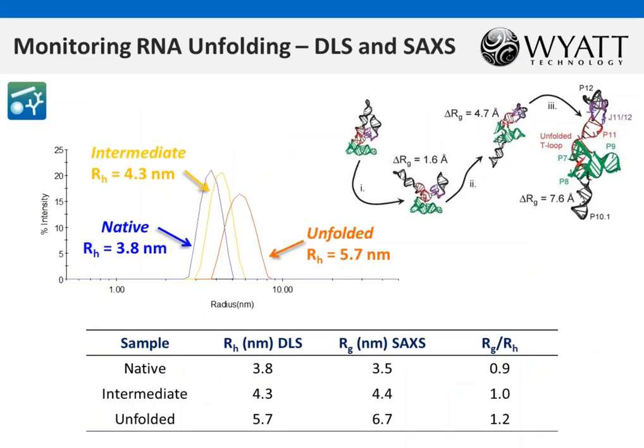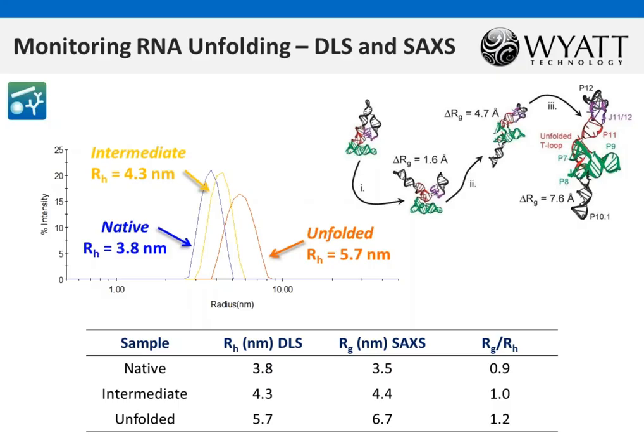Lastly, dynamic light scattering is capable of monitoring subtle size changes, as shown here for RNA molecules in various folding states. We can see a steady increase in radius as the RNA sample is investigated in its native, partially unfolded, or completely unfolded state.